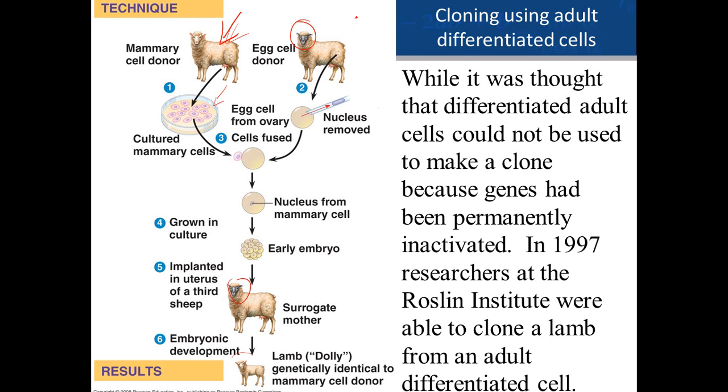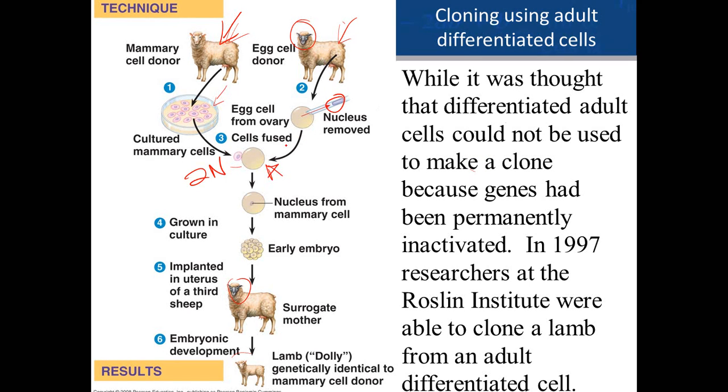And so they took it from what you could call the egg cell donor sheep. And they removed the nucleus from the egg. And what they did now is that they fused this cell, which is diploid, to the egg cell.